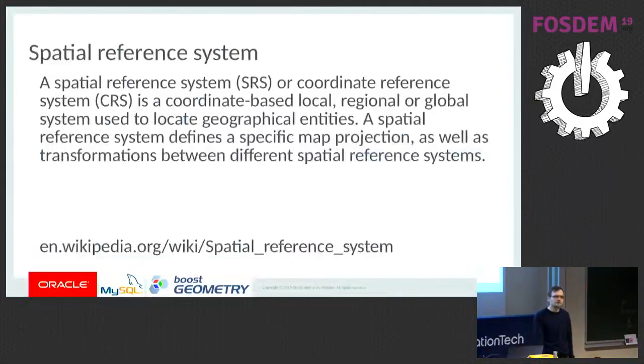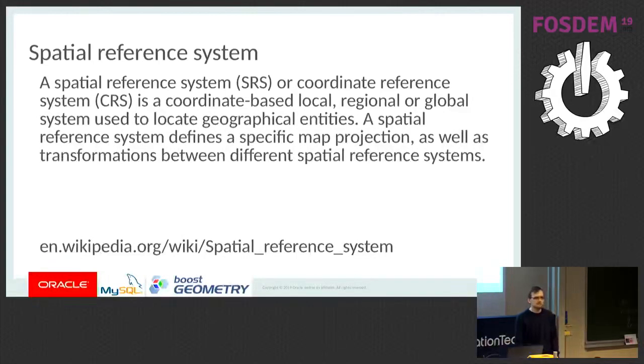So when we are dealing with coordinates, we have to know the context for them, how to interpret them. They may be on the surface of a spheroid or on the sphere. We have to know the parameters of the spheroid, or maybe these coordinates are on a map, so they are Cartesian coordinates.